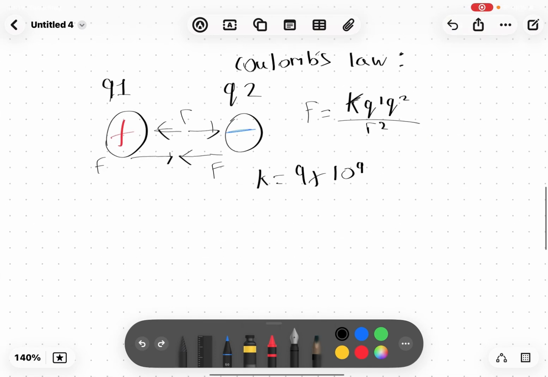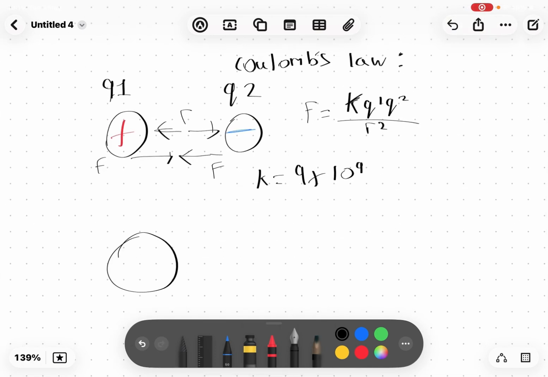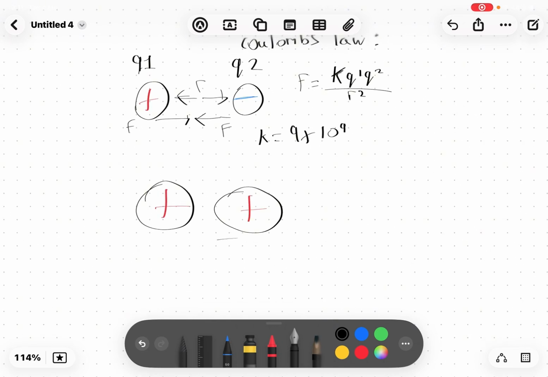Now this time, let's say we have two atoms that are like each other, the same. This time they're going to repel each other. There's going to be a force, and they're going to go in opposite directions. And so this time they're again going to have the same magnitude of force, but again a different direction.